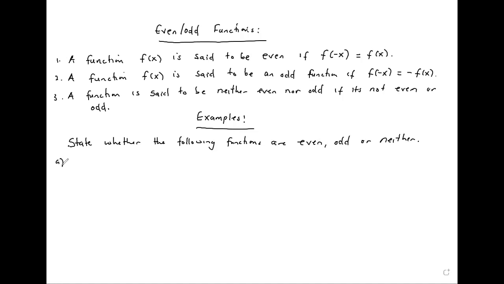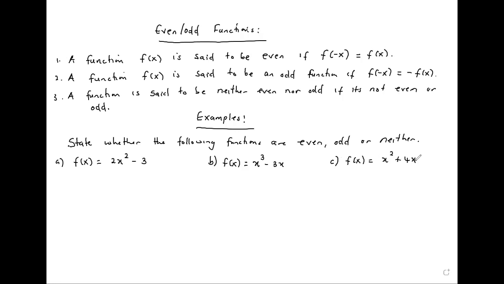A, f of x is equal to 2x squared minus 3. B, f of x is equal to x power 3 minus 3x. C, f of x is equal to x squared plus 4x.